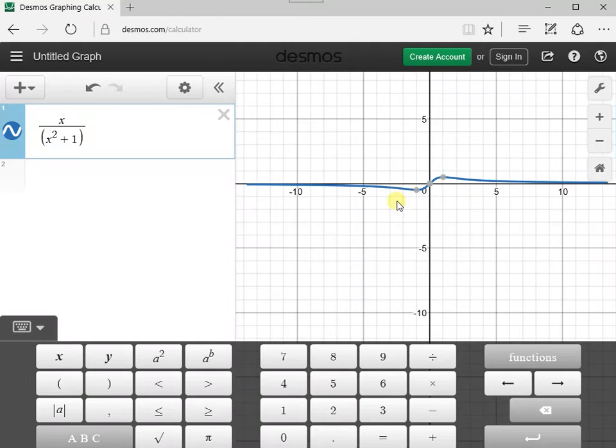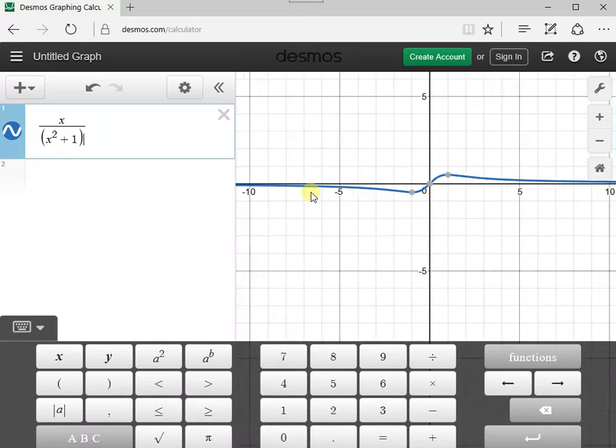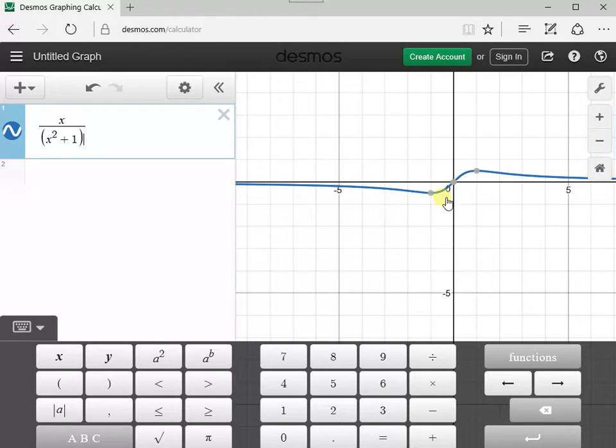If we zoom out, we can see that as x approaches negative infinity, the y approaches 0. So we go from 0 and we go down and down and down until we reach maybe this number, -1.5. So we're actually decreasing until x equals -1. We're going to decrease on negative infinity to -1.